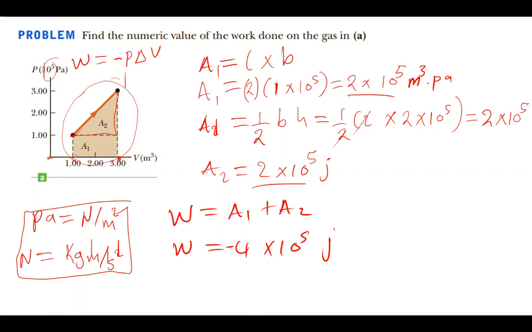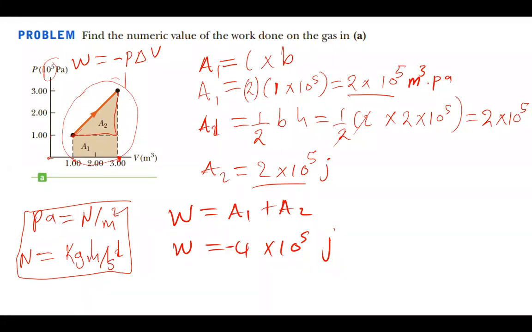But we know that the answer we're supposed to get should be the work done by the gas. This PV diagram is showing the work done by the gas, and the answer we've gotten is positive because it's the work done by the gas.